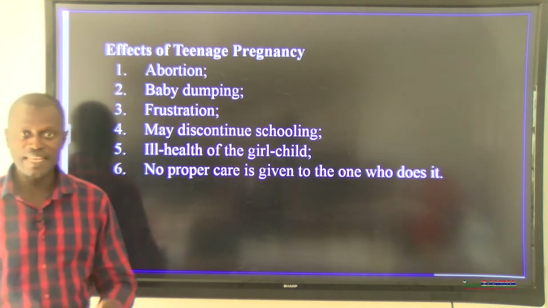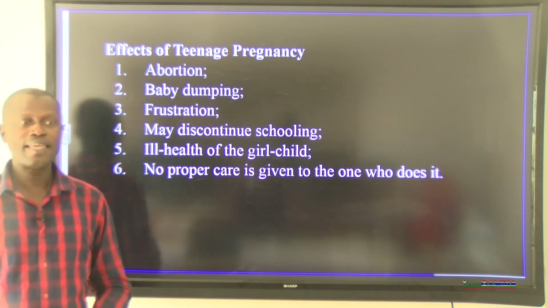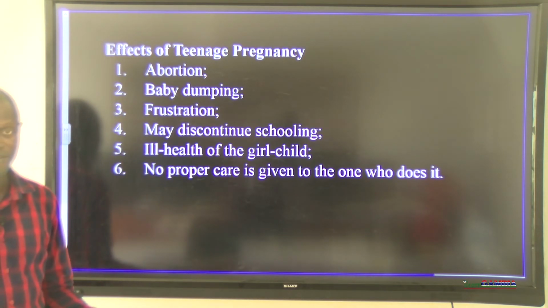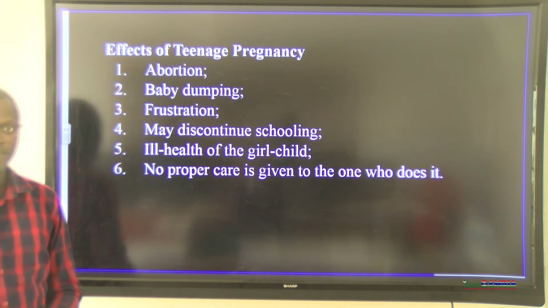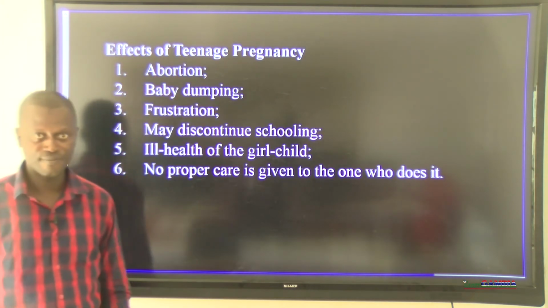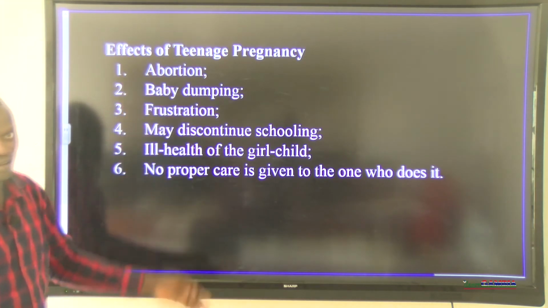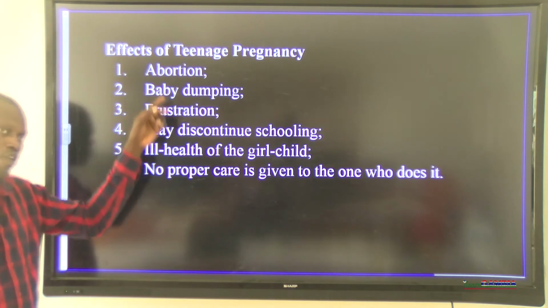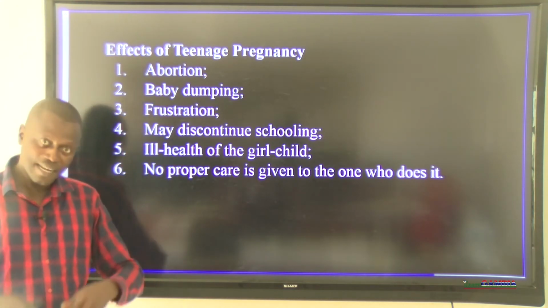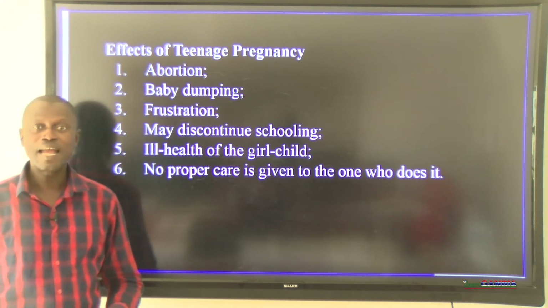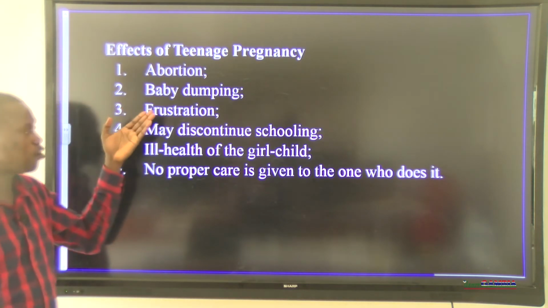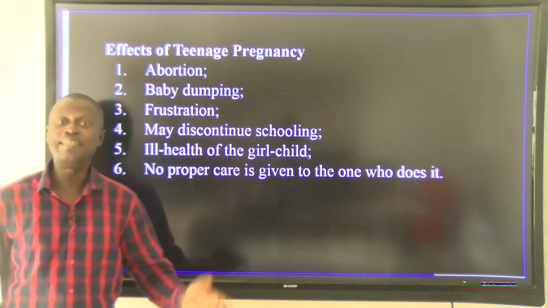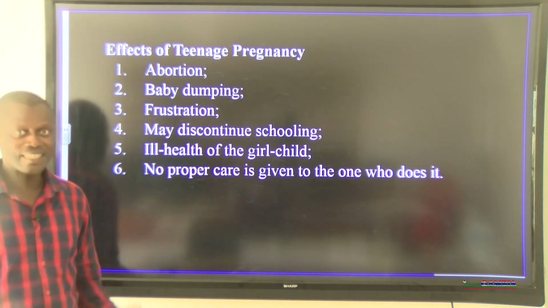Now, as a teenager, if you are already into this bad practice, what are some of the effects? What are some of the results? Number one is abortion, which is seriously harmful to the one who does it. You are already pregnant, you are now awaiting your date of delivery, but you definitely dislike this pregnancy.